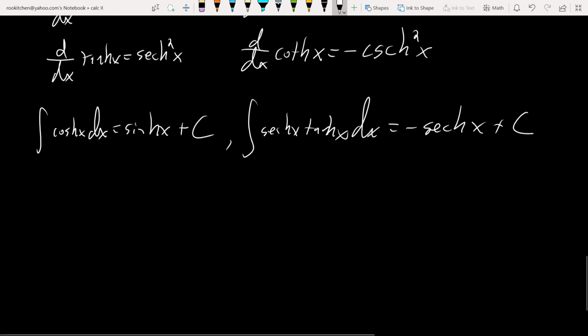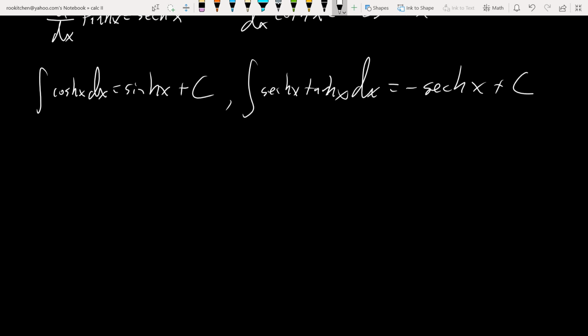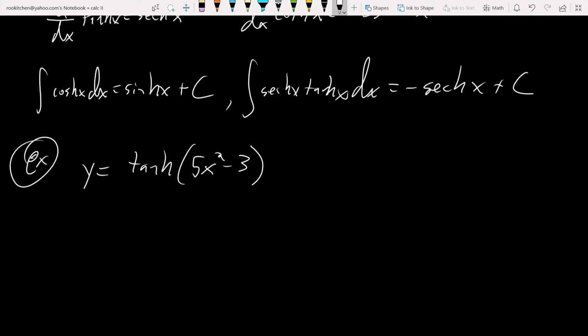Okay. So let's take a look at doing some derivatives and integrals. Let me skip into my chapter here. Let's look at number 22, the old number 22 from my book. We'll just call it an example. y equals hyperbolic tangent of, let me change it from what the book says, 5x squared minus 3. Okay, so chain rule is in order.